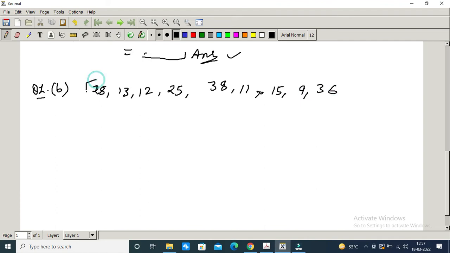So this is your question, and it is given that these are the numbers and you have to sort them using the insertion sort algorithm.